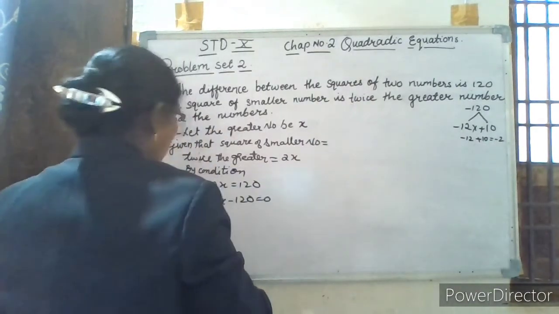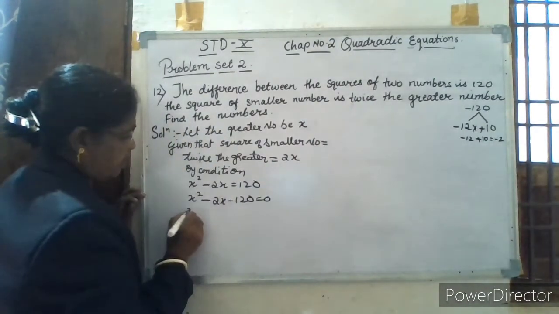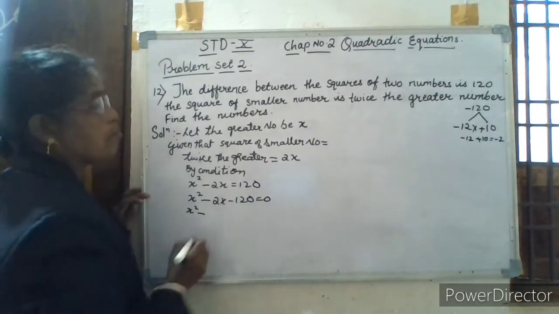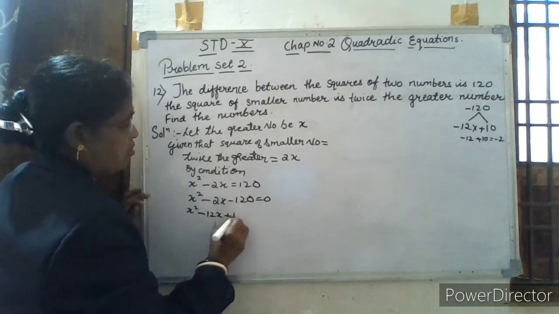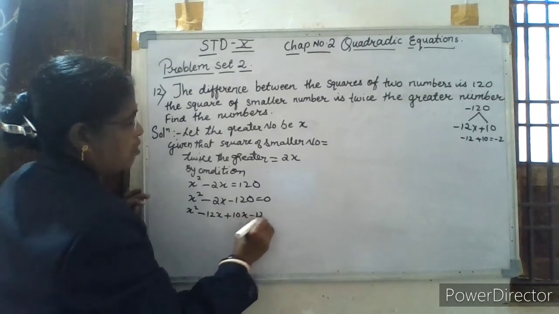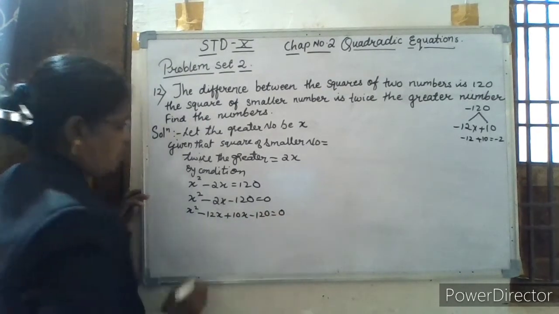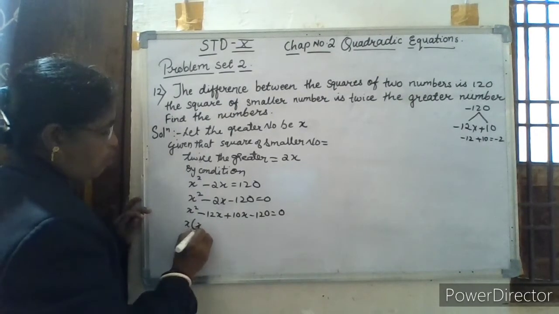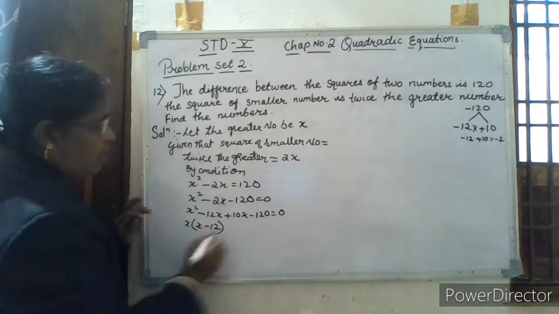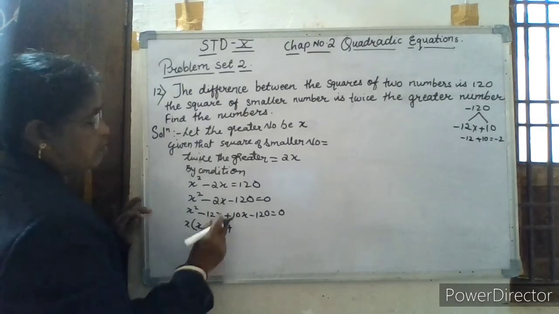So the middle term gets split in this form: x squared minus 12x plus 10x minus 120 equal to 0. From the first two terms, x comes out as common: x minus 12, and the plus sign stays as it is.